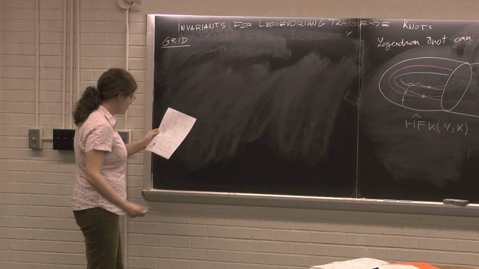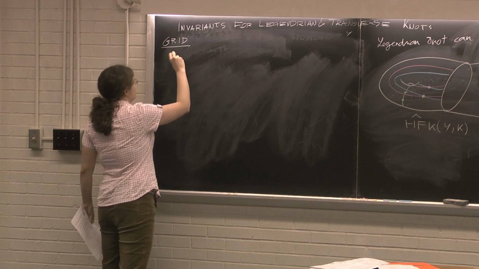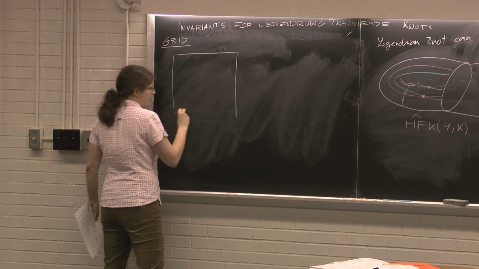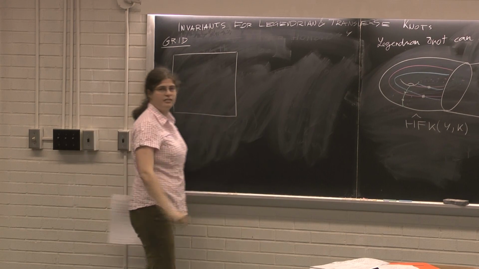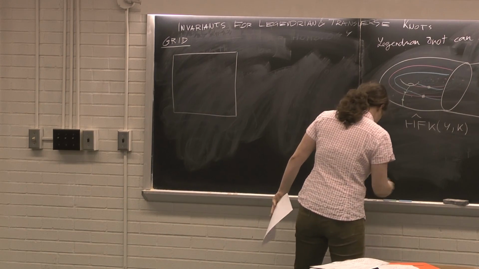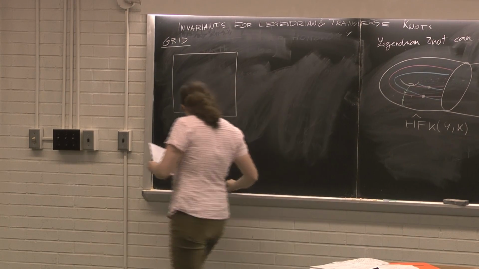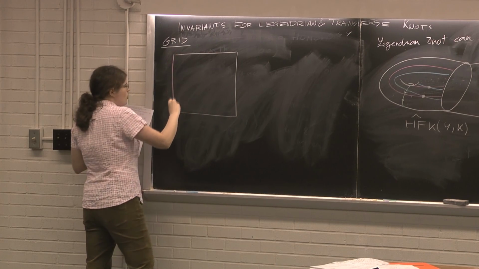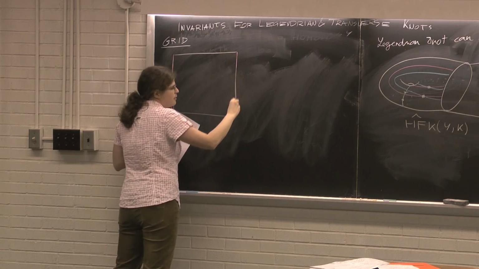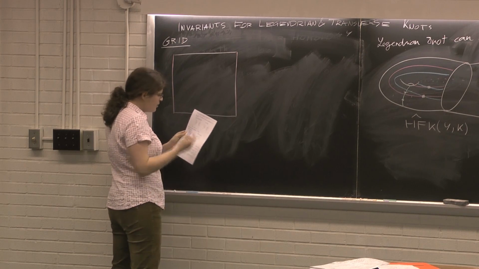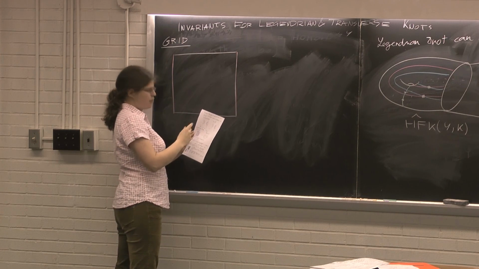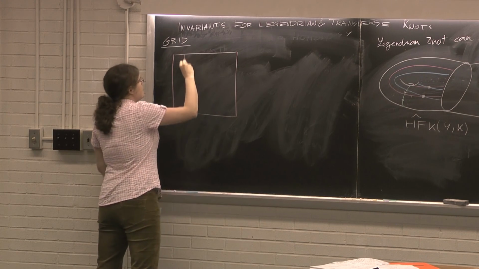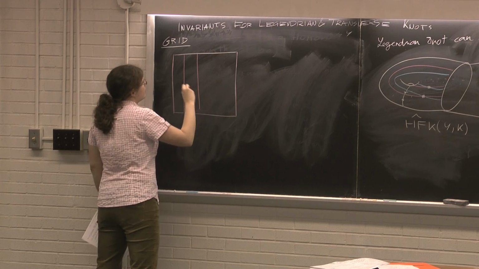So let me draw a picture. Here's my torus. Everything is identified the way it should be, and then this is going to be one alpha curve, a red curve, and then in the middle I have some number of alpha curves. You could have any number.